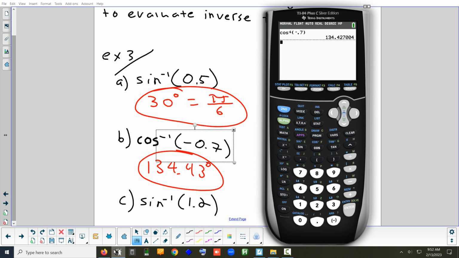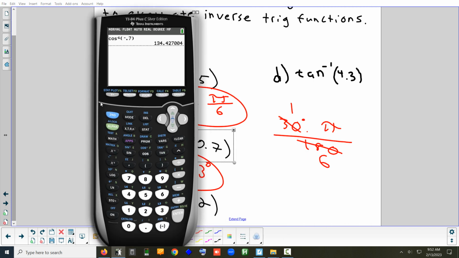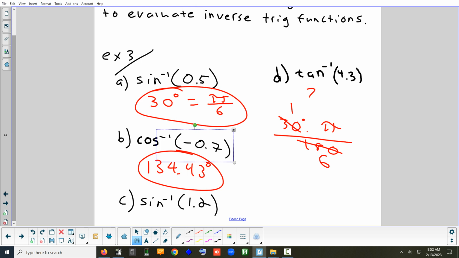Okay. How about inverse tangent of 4.3? How would I type that in? Lucas? Second tangent and 4.3. And you get 76.91. Again, not a nice answer, so if you don't get a nice answer in degrees, you're not getting a nice answer in radians.